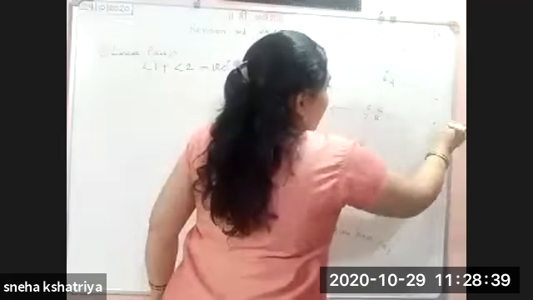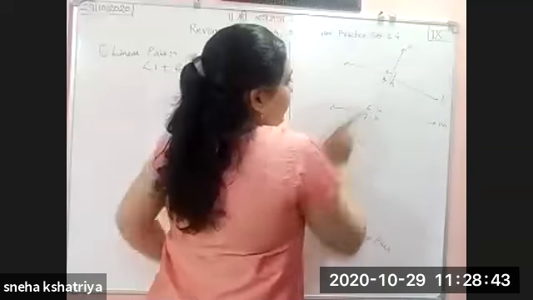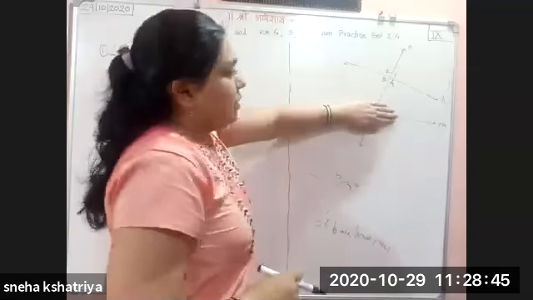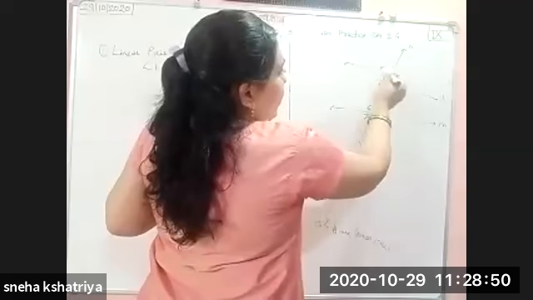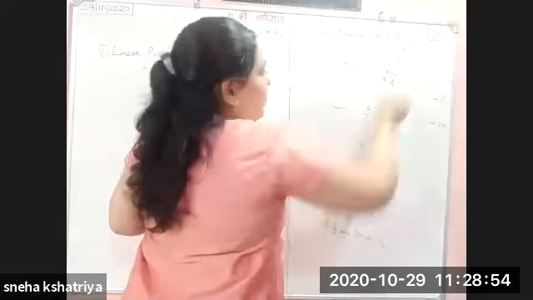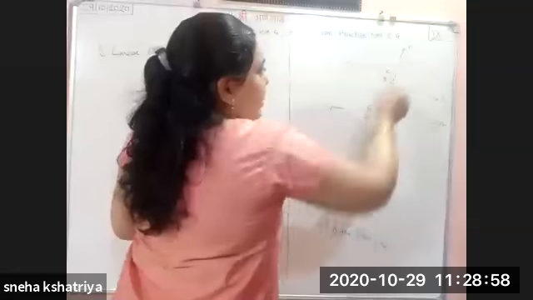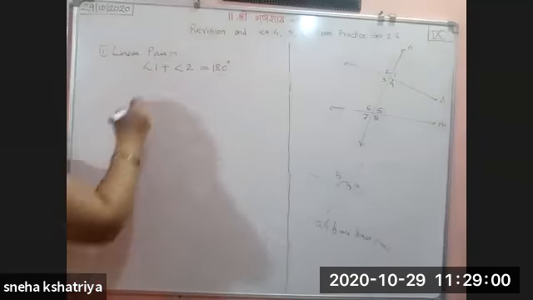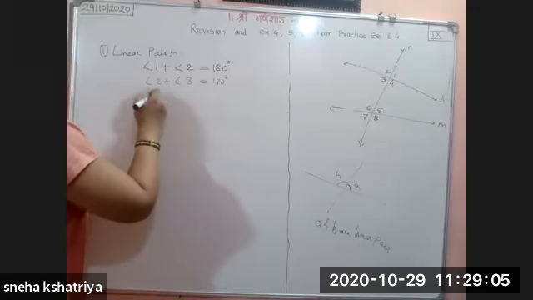Similarly, this is a transversal. Suppose these are lines L, M, and N. N is the transversal. For the time being, don't consider this part and only consider this one. Now we have done 1 and 2 because they are on line L. Now if we consider N, then here 2 and 3 are there. So we can write angle 2 plus angle 3 is equal to 180.